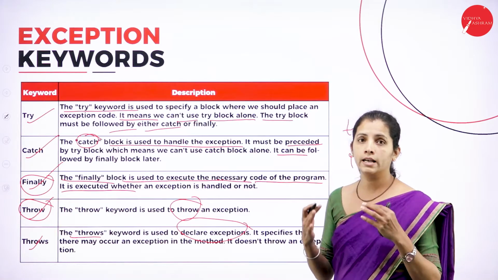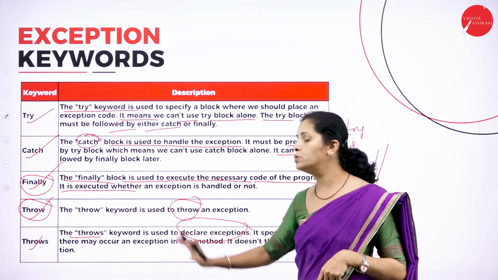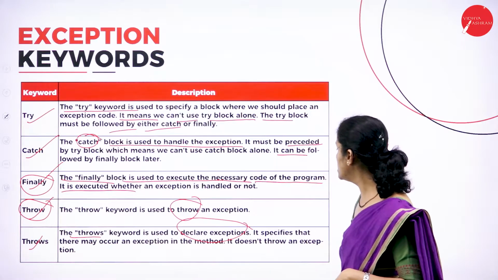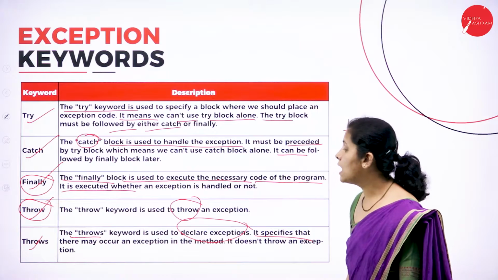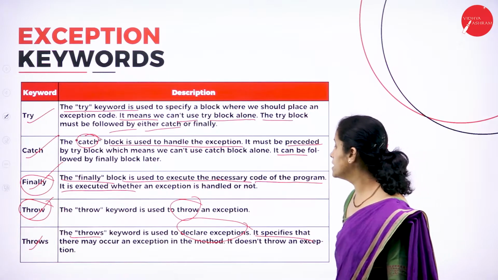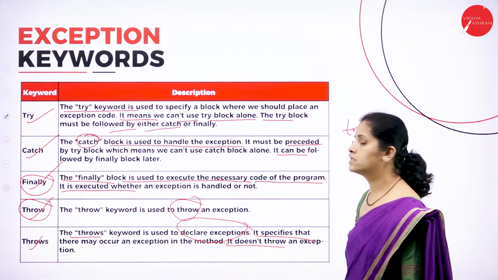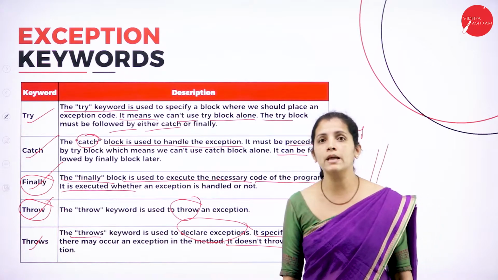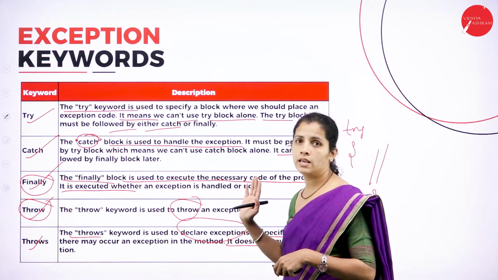Suppose I want to declare my own exception, in that situation I use the throws keyword, and it specifies that there may occur an exception in the method. It does not throw an exception. So to declare my own exception, I use the throws keyword.